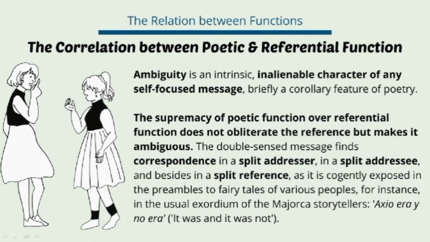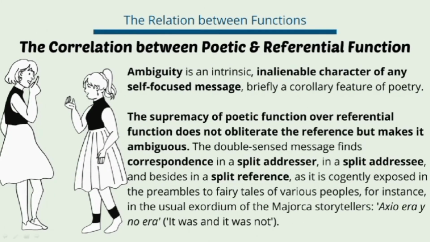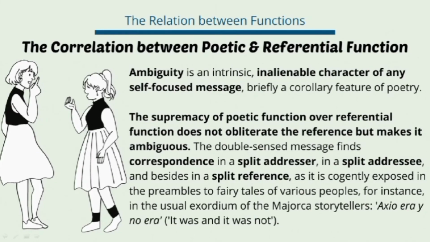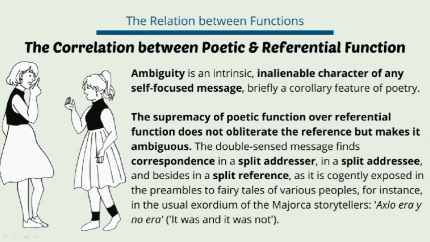Last is the correlation between the poetic and referential functions. Jakobson and Huber say that ambiguity is an intrinsic, inalienable character of any self-focused message, briefly a corollary feature of poetry. And the supremacy of the poetic function over the referential function does not obliterate the reference, but makes it ambiguous.